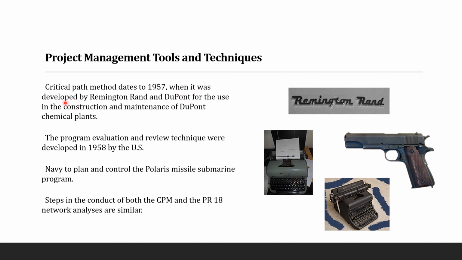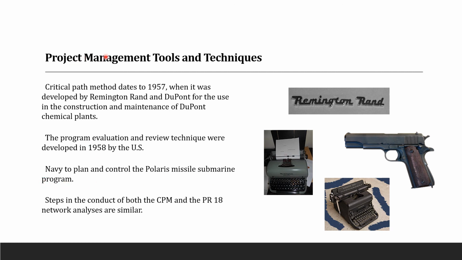So CPM started in 1957, developed by Remington Rand and then DuPont, first for use in construction and maintenance, dealing with chemical plants at that time. Right now they do all kinds of things. The program evaluation and review technique was developed in 1958 by the US Navy to plan and control the Polaris missile submarine program.